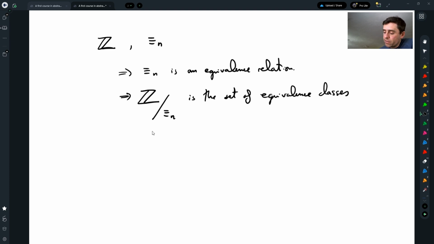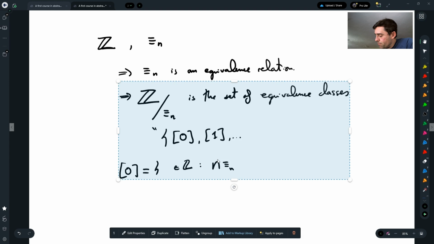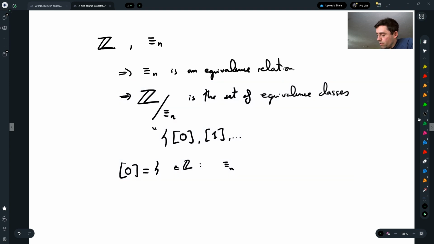So here is going to be the class of 0, the class of 1, etc., where the class of 0 are all the integers k that are related to 0, and so on.